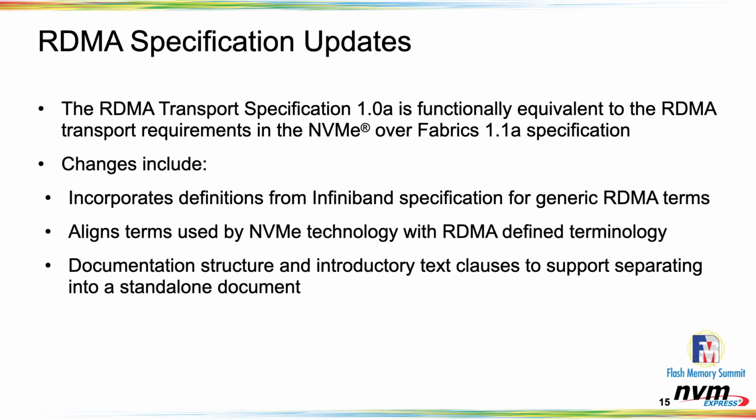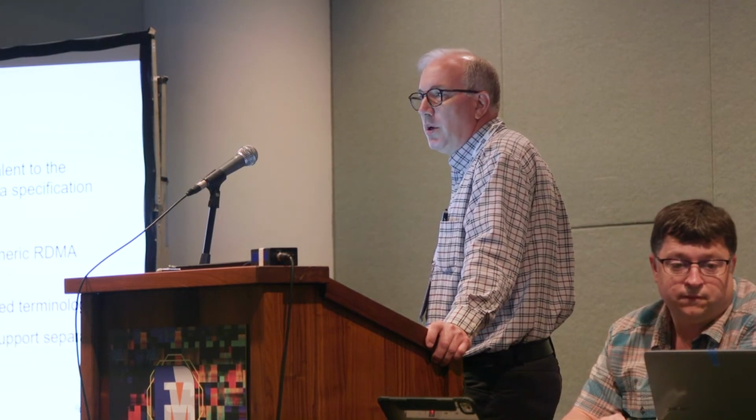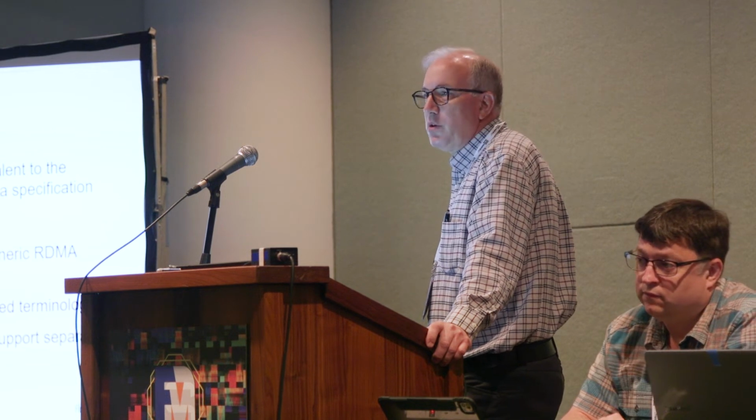Well, if you're an implementer that's implemented to 1.0a, you can rest easy that the 1.1a specification and the new RDMA Transport specification 1.0a that's part of the 2.0 bundle of specifications are functionally equivalent. So you don't have to go do a bunch of code changes to update to the 2.0 specification bundle.